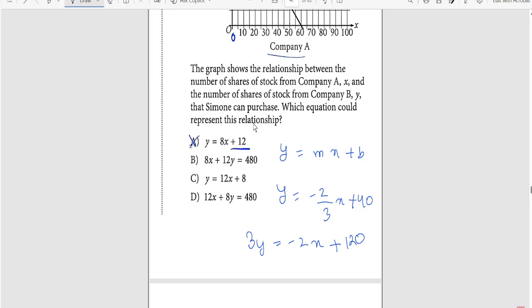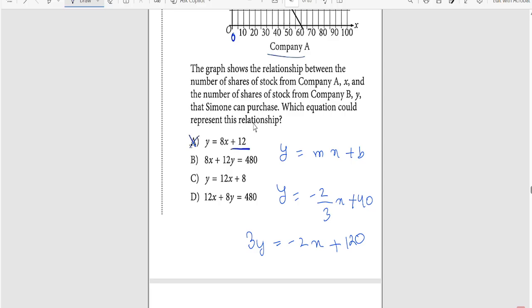So which option shows here? y equals 8x, 12y. I think y equals 12x. No, this is not going to work because we got negative 2/3 x.